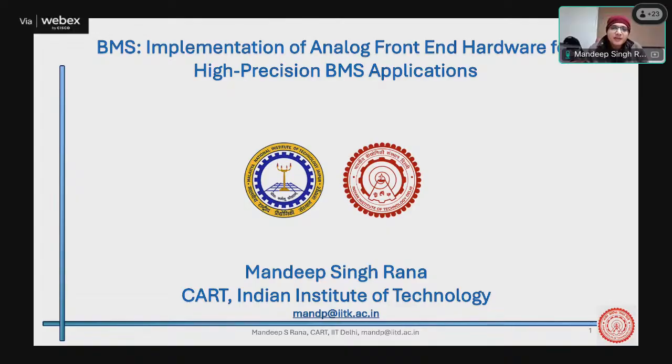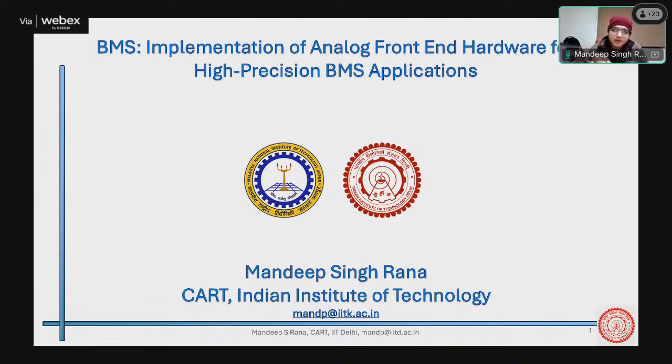So we have a lot of things going on when we talk about a BMS system. It includes hardware, it includes the hardware to software interface, software side also, and software at different levels, like very high level processing.